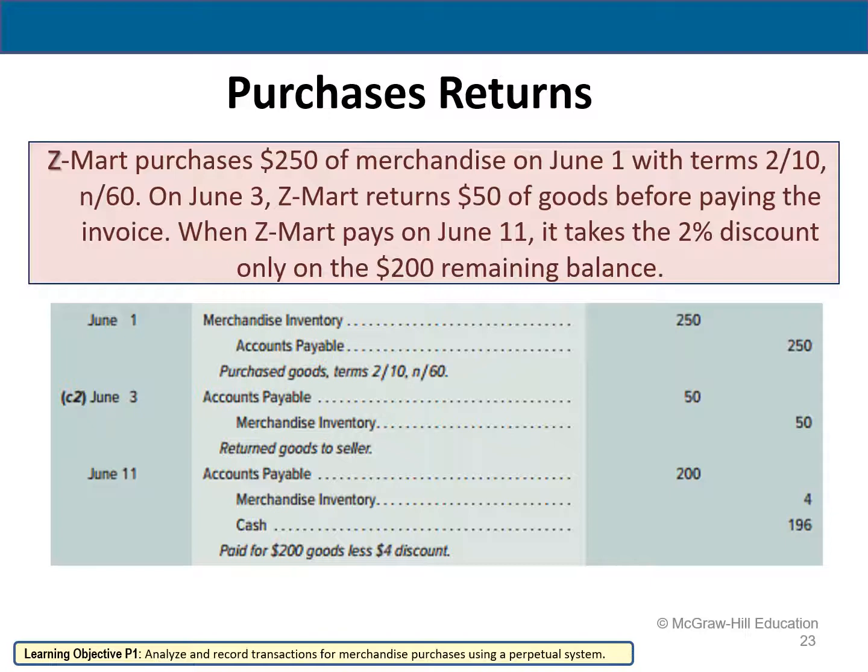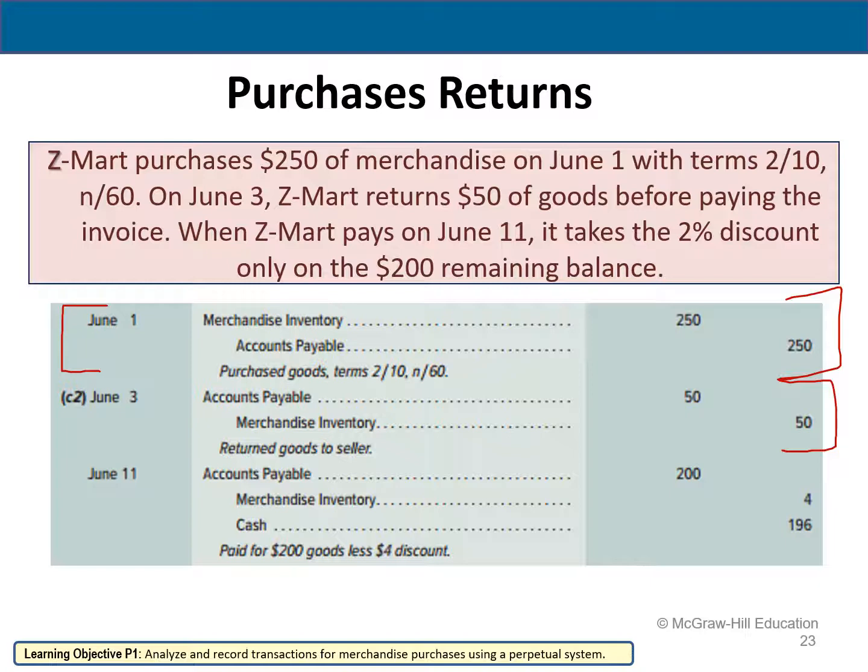And then when they pay it on June 11th, they take the 2% discount only on the remaining $200 balance. So here's what that would look like. Here's their initial purchase right here on June 1st. Okay. So we bought inventory, debit inventory for $250, credit accounts payable.